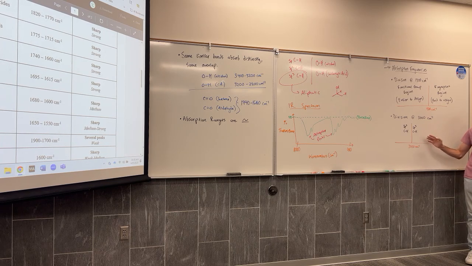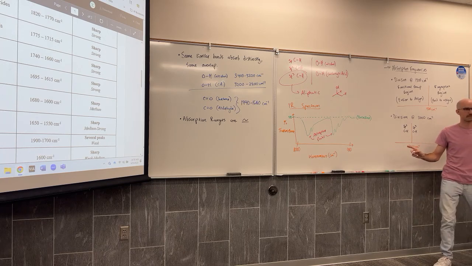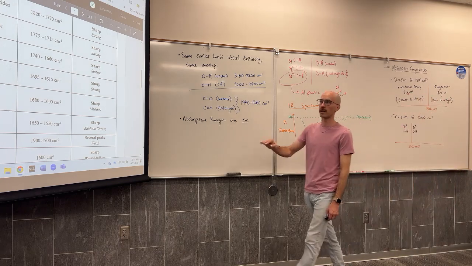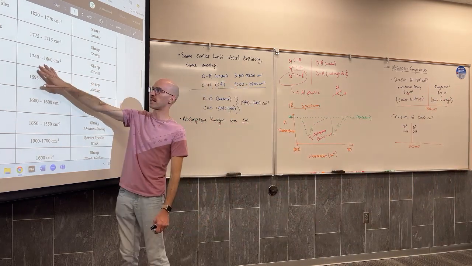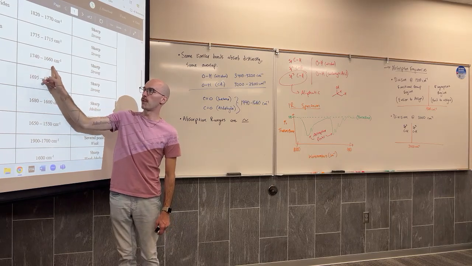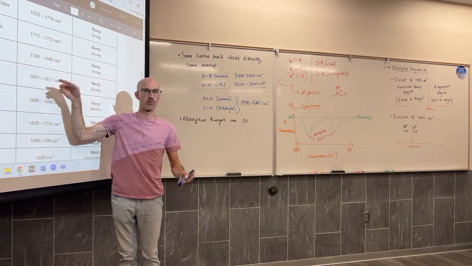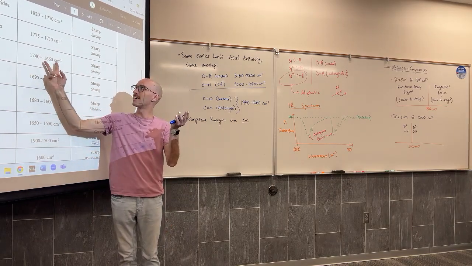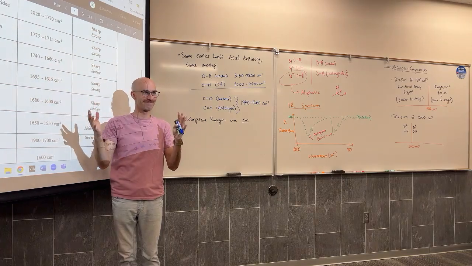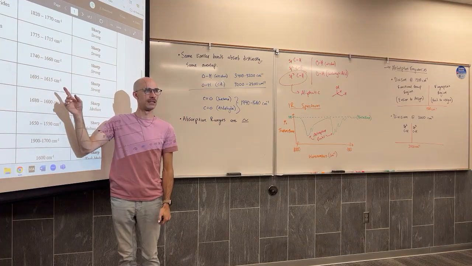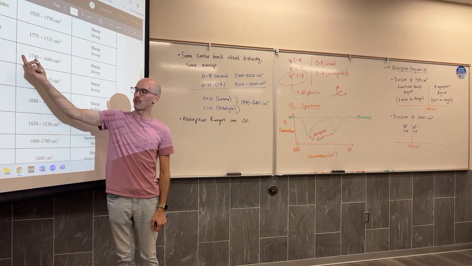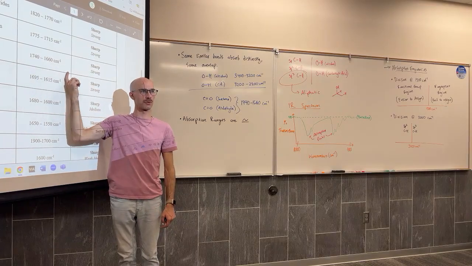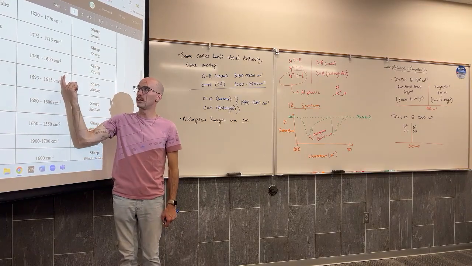I've yet to see one of these bonds cross that line. But when your correlation table says the CO double bond of an aldehyde or ketone will fall nicely in this cute little range, that's not always true. Sometimes they can absorb at a higher frequency, sometimes they can absorb at a lower frequency.